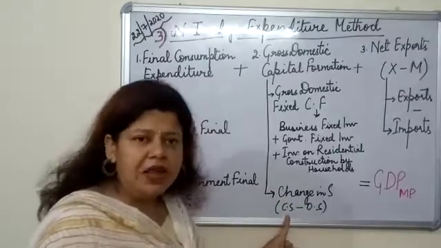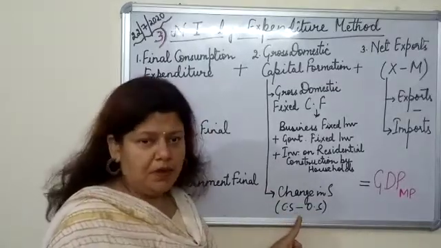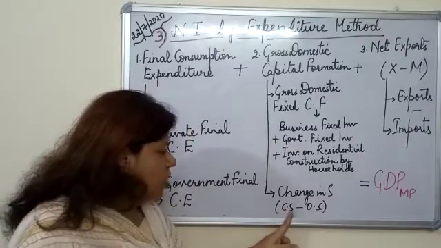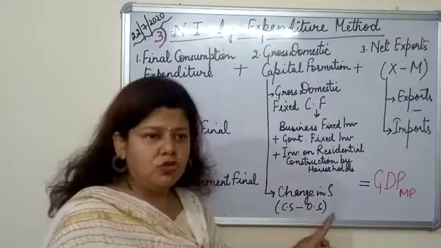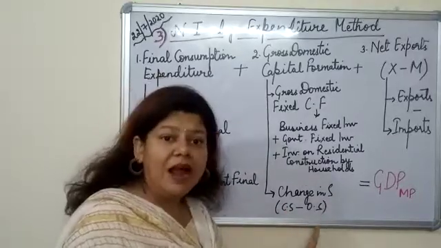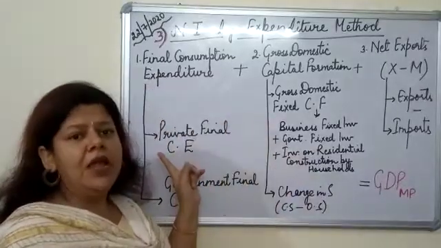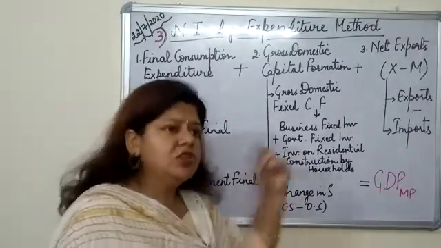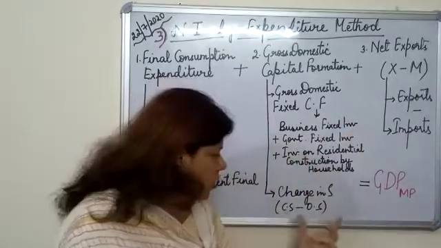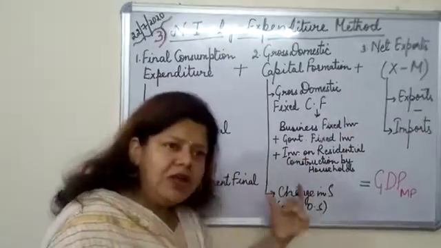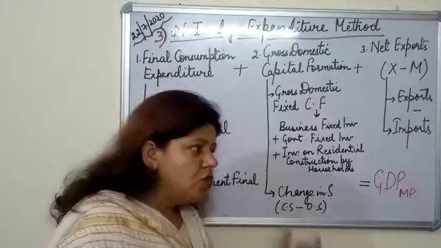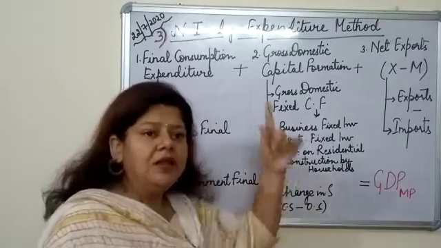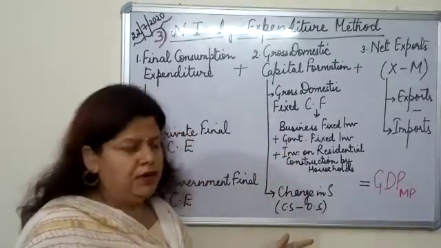Because we have to take it for one accounting year. That is why we say closing stock minus opening stock, because the opening stock for this year would be the closing stock of last year, and this year's closing stock would be next year's opening stock. So we take the stock used in the span of one year in an economy.